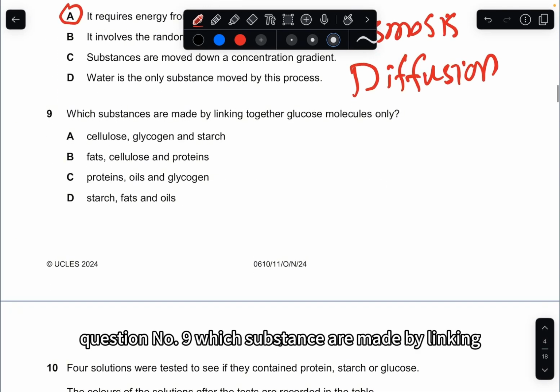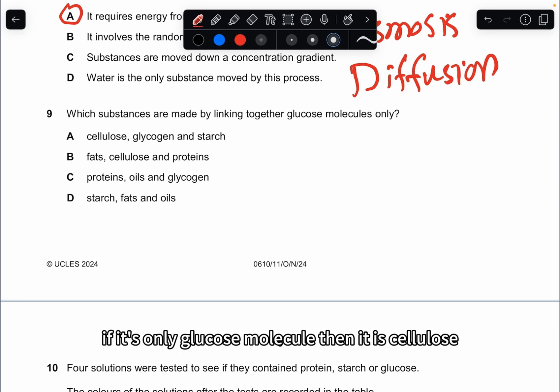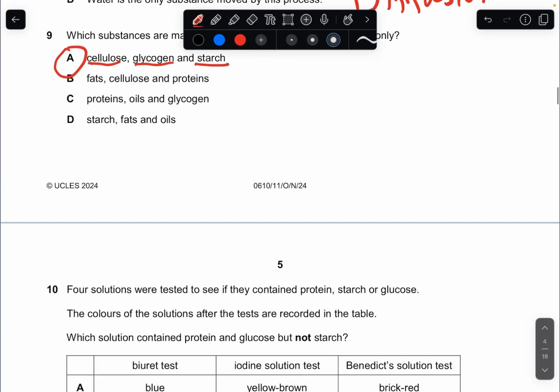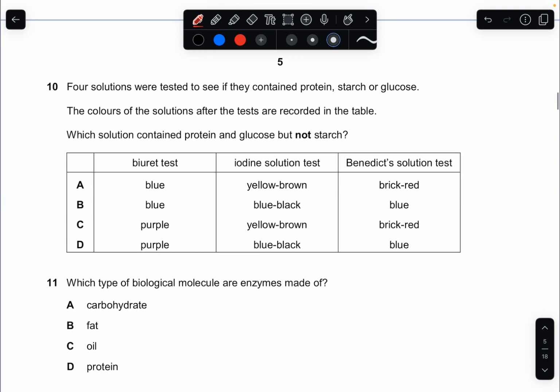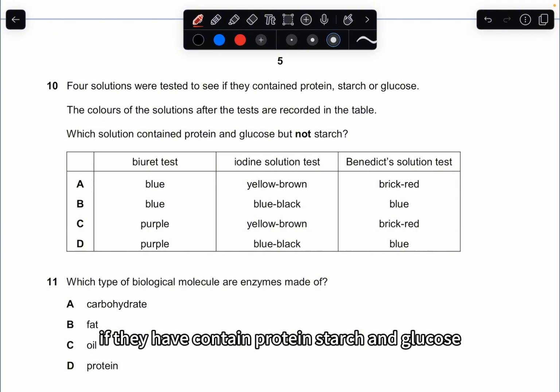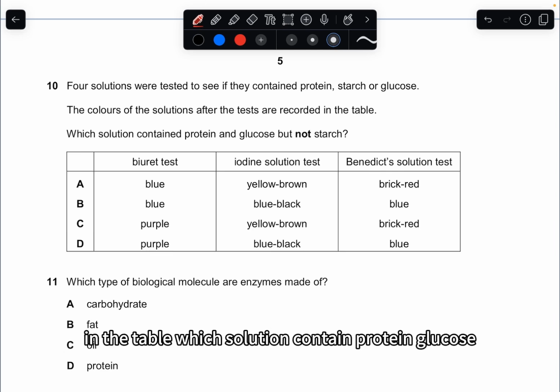Question number 9. Which substances are made by linking together glucose molecules only? If it is only glucose molecules, then it is cellulose, glycogen, and starch. There are 4 solutions that are tested to see if they contain protein, starch, and glucose. So the color of solution after the test are in the table.